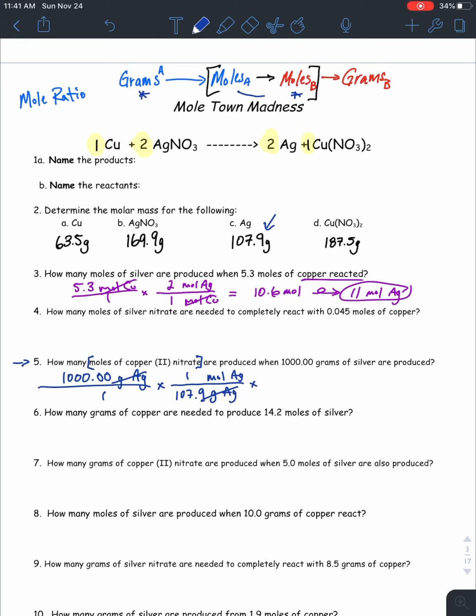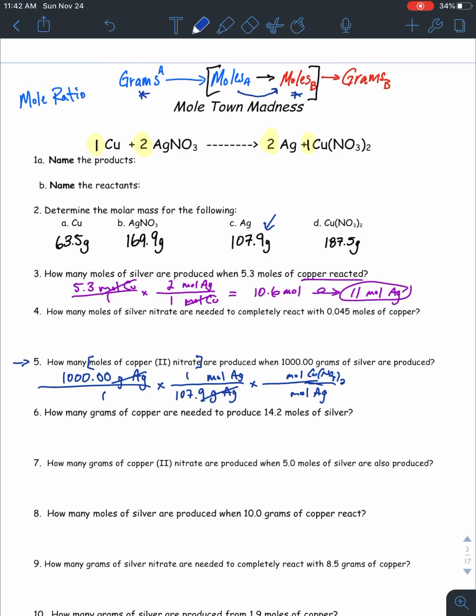But we're not done yet, because now we have to go from moles of A to moles of B. We have to go through that mole ratio. So we're going to have moles of silver on the bottom, and because we're going to copper nitrate, we put moles of copper nitrate on top.